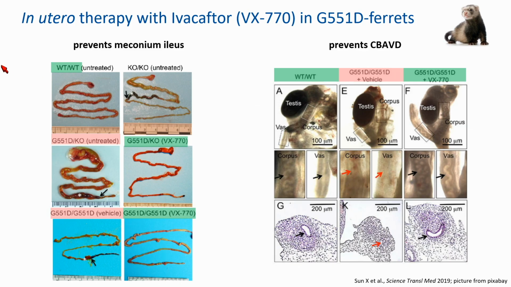And we see that the untreated intestine looks really nice, but when the knockout, they really develop meconium ileus. But therapy with ivacaftor in utero prevents the meconium ileus. And very nicely, the early therapy also prevents CBAVD, which was actually very novel at this time.